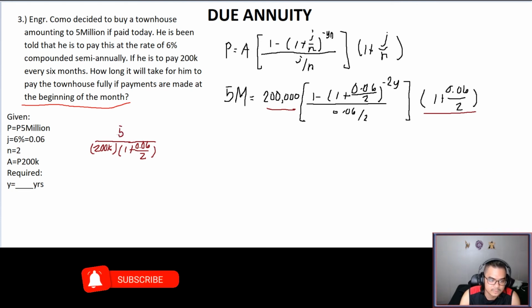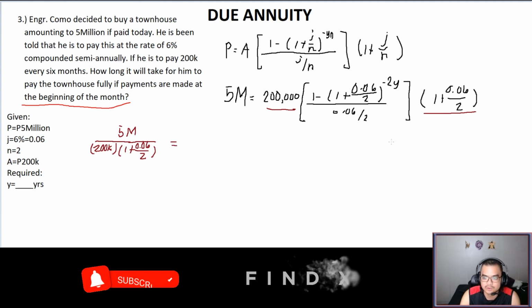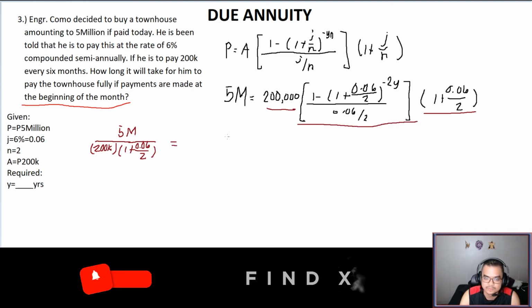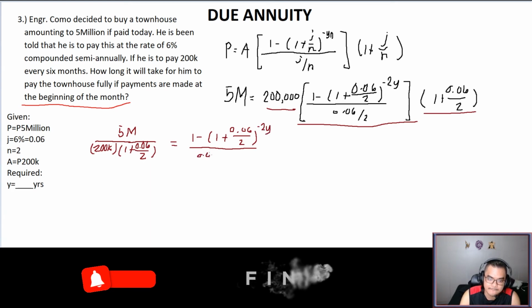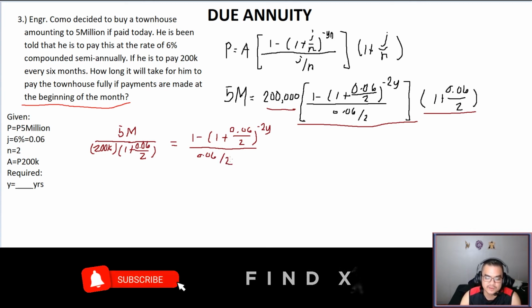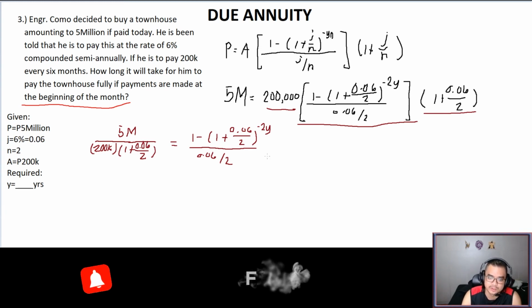So this is all equal to this one, 0.06 all over 2. You can just use your calculator if you want, but I prefer to always do it algebraically. Okay, so what's the next step? We can have here 0.06 over 2, that's just 0.03, right?